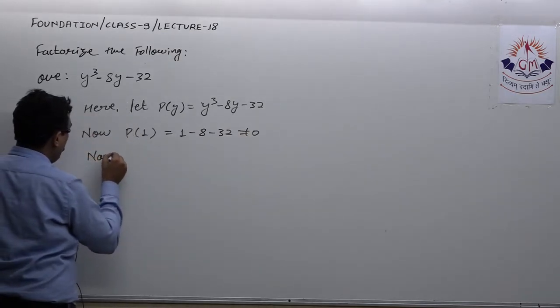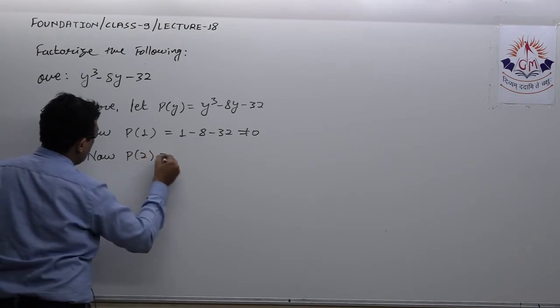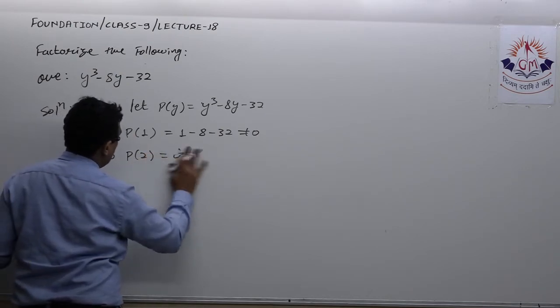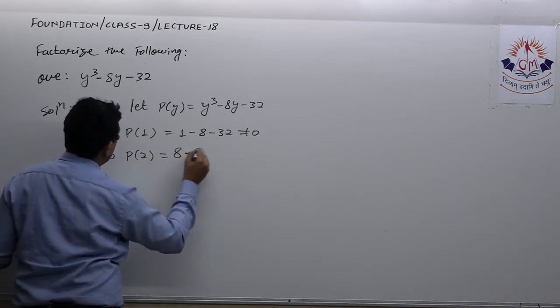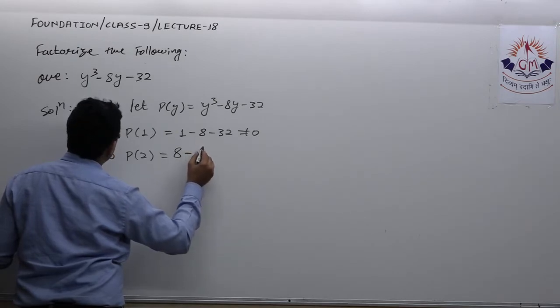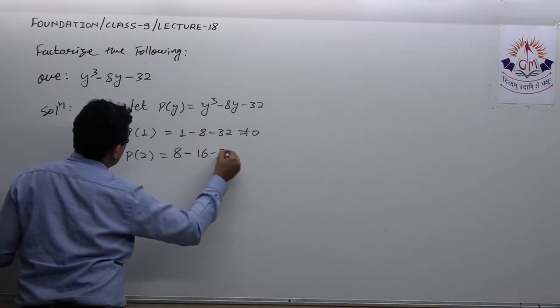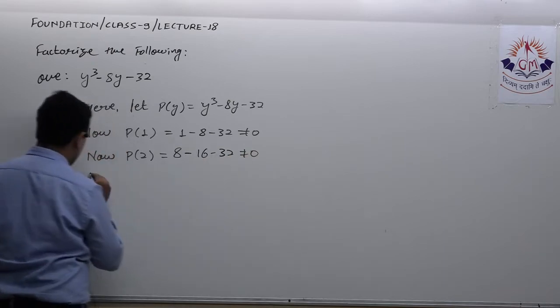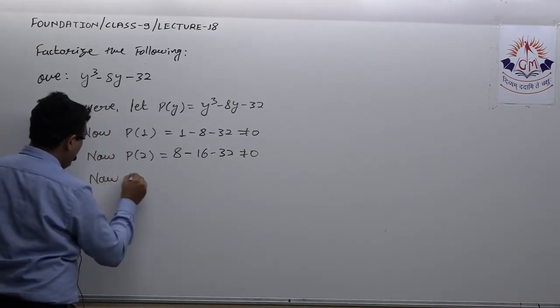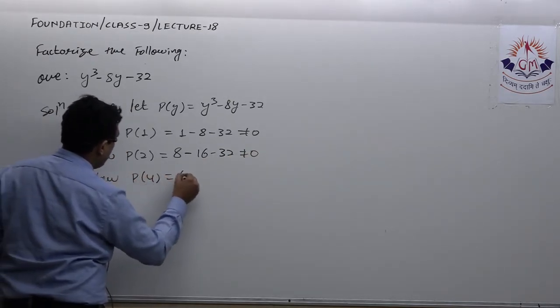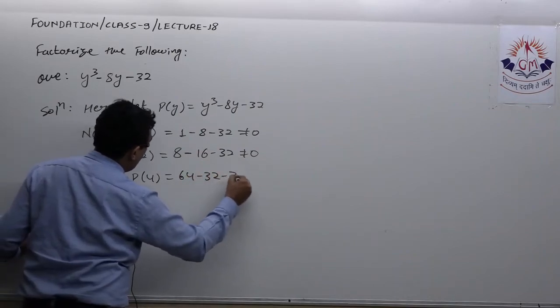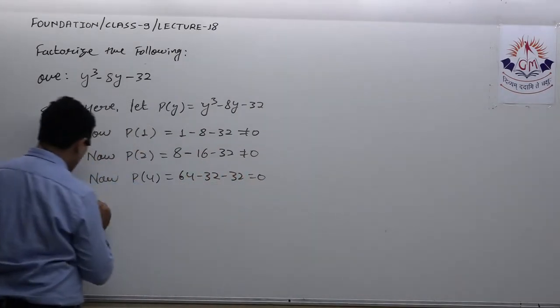Now p of 2 is 8 minus 16 minus 32, not equal to 0. Now p of 4 is 64 minus 32 minus 32, which is equal to 0.